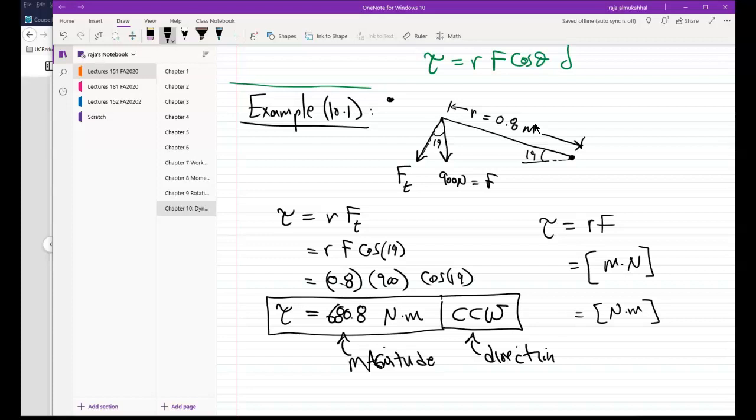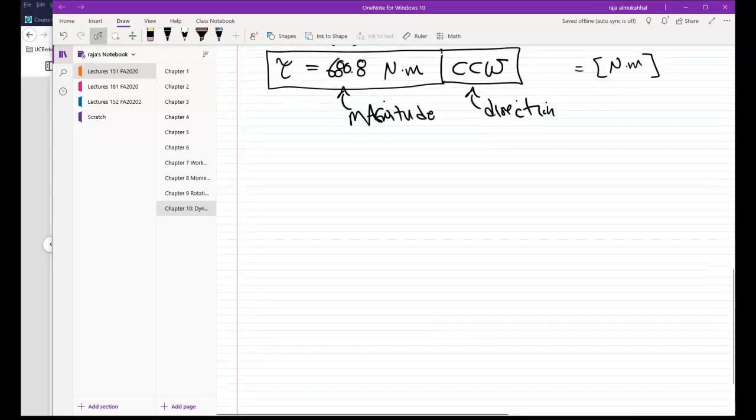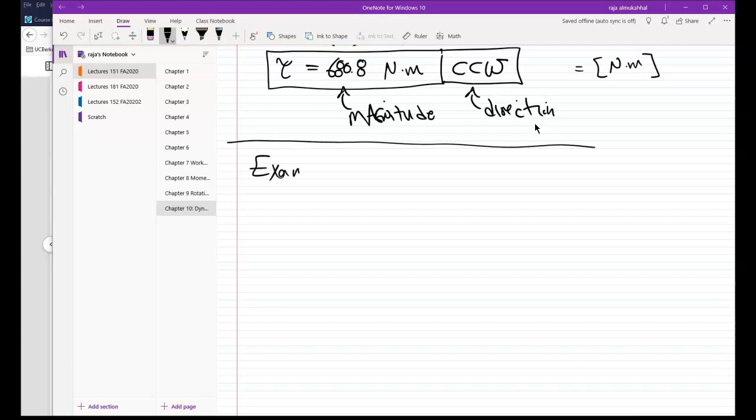One more. I'm looking at my notes here. Oh yeah, this one is a good one. Example. Here's another one. It's also going back to the door, the bathroom door. So let's do this example. So we have a bathroom door, and let me draw a top view of it.